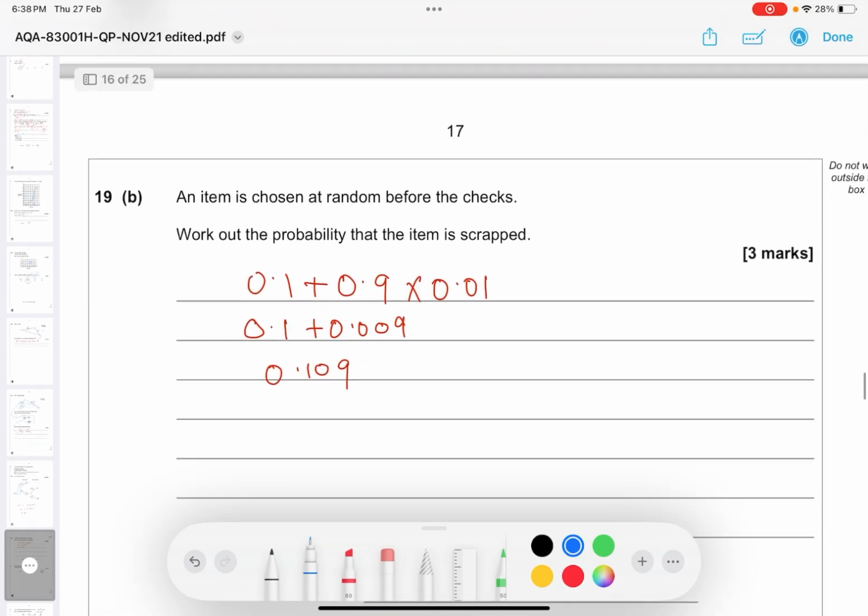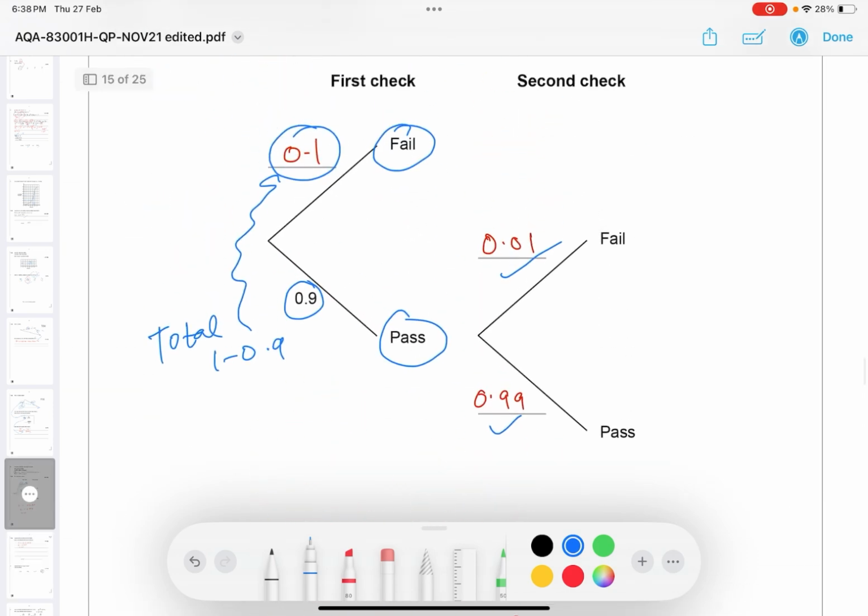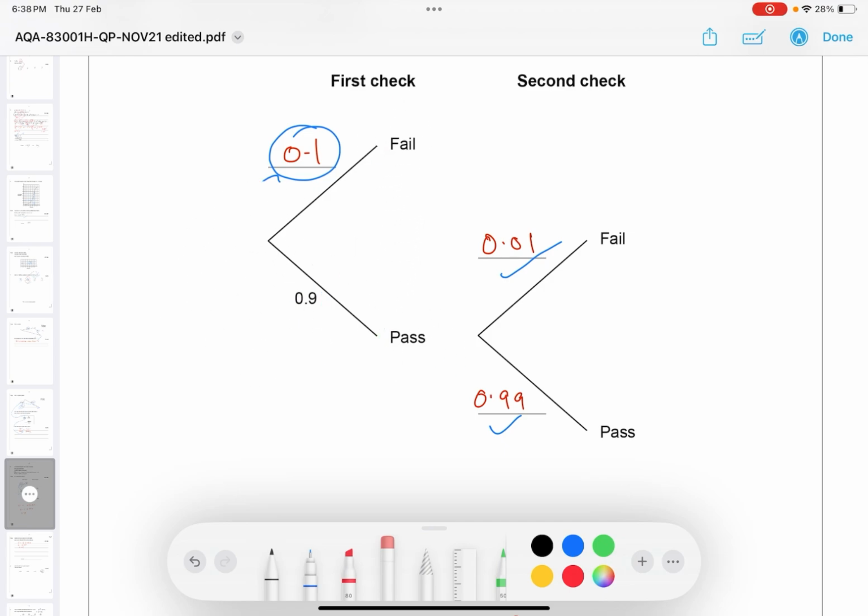Alright. An item is chosen at random before the checks. Work out the probability that the item is scrapped. So the item is scrapped. Let us work out the probability of that. If the item is scrapped, it will fail. One way is failing the first check, so it would be 0.1, plus one other way is that it may pass, 0.9, times it may fail, that is 0.01.